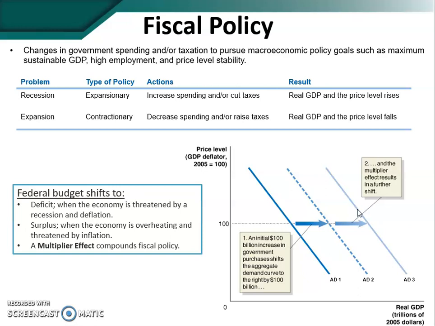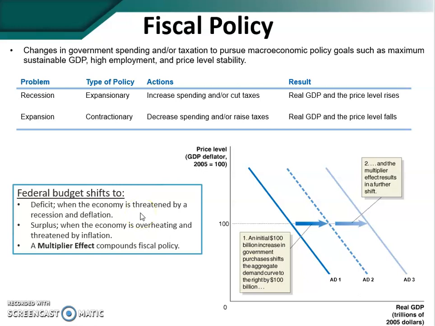One thing about fiscal policy is generally the government shifts into either a budget deficit or a budget surplus when they're implementing the policy. For example, if we have a recession and they're going to try to expand the economy, then they're going to shift into deficit. Why?